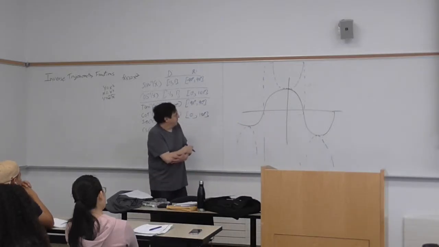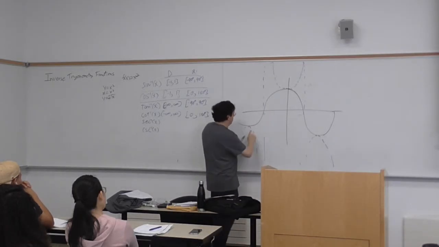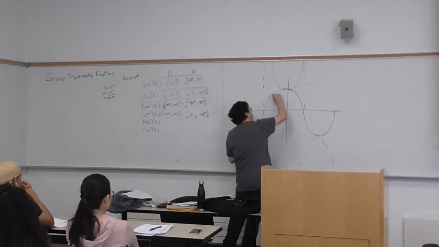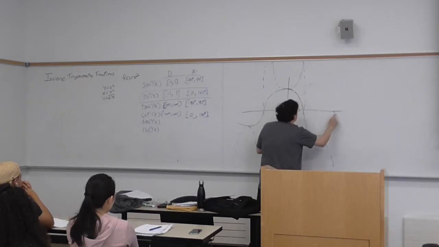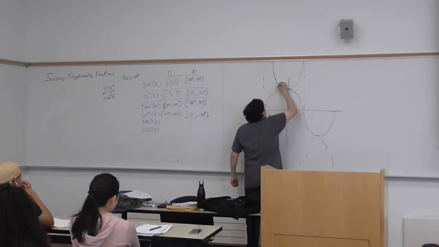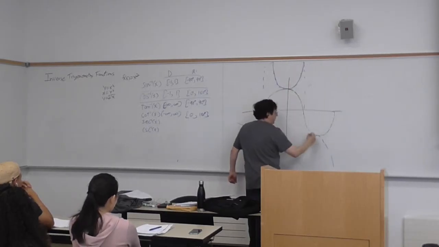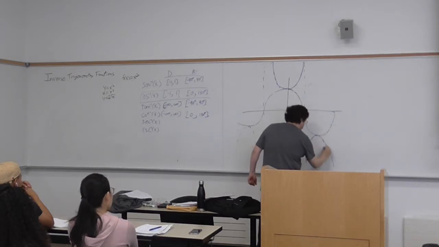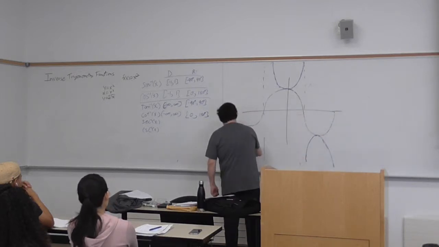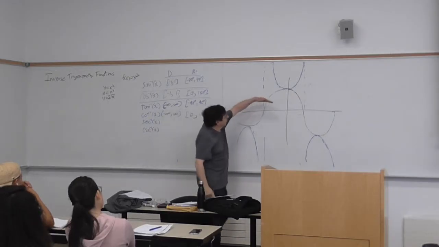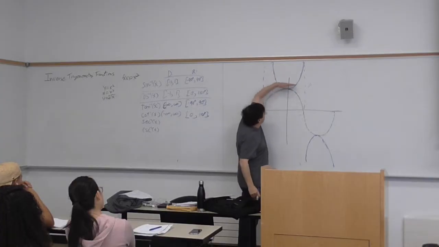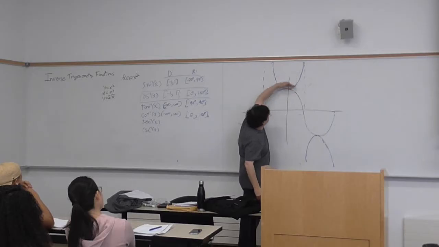Okay, I guess I should draw this as dotted, shouldn't I? This is actually my secant function. Okay, I want to pass the horizontal line test, so I can see already I've got an issue here.